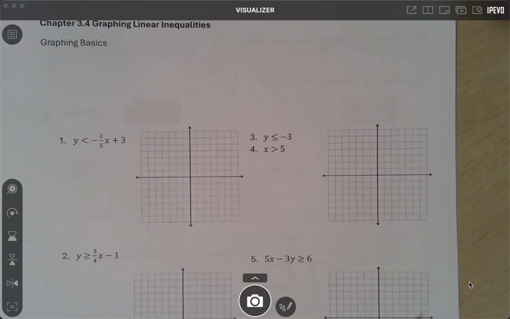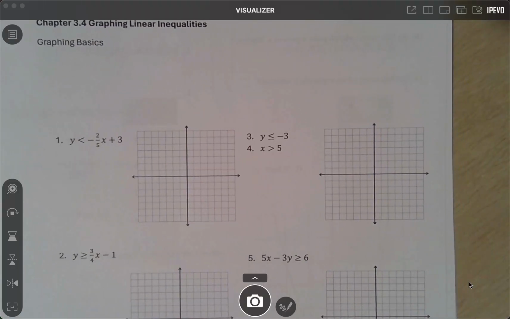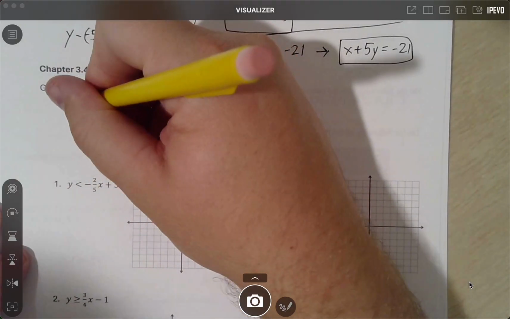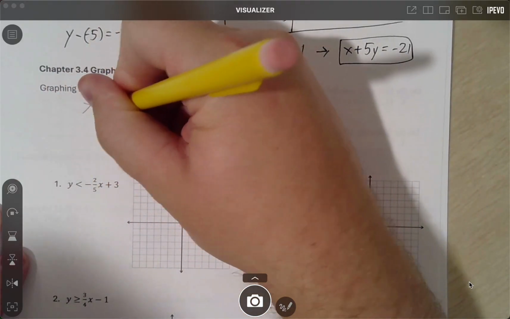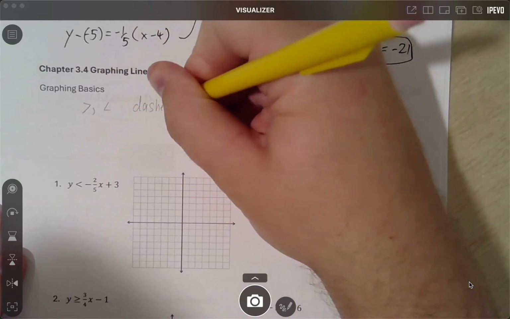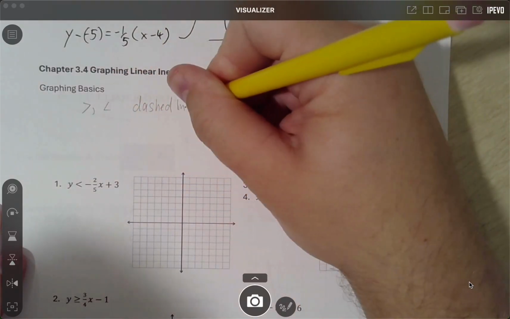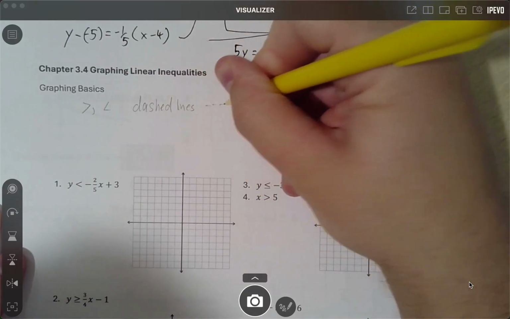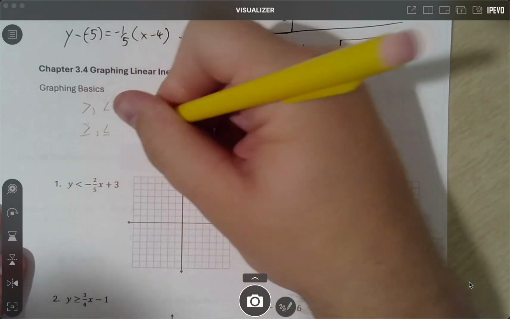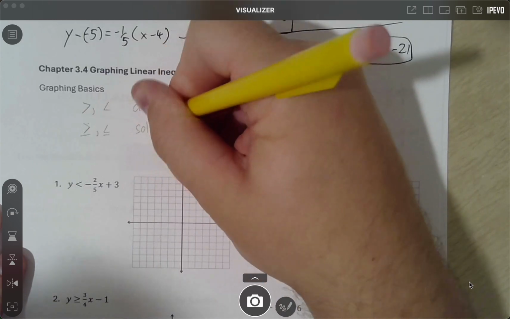So, the first thing we need to learn is one other thing about inequalities: these two will be dashed lines, and these two will be solid lines.